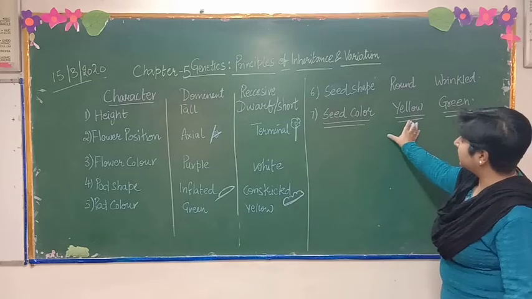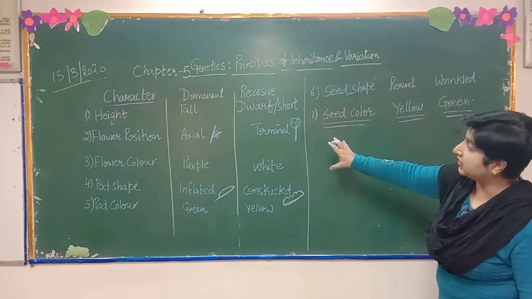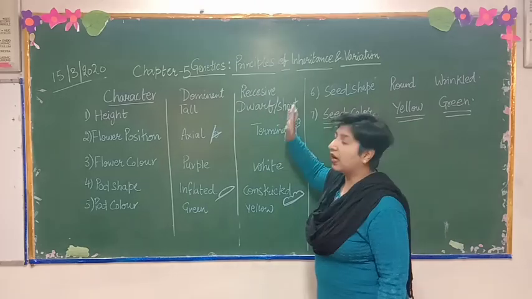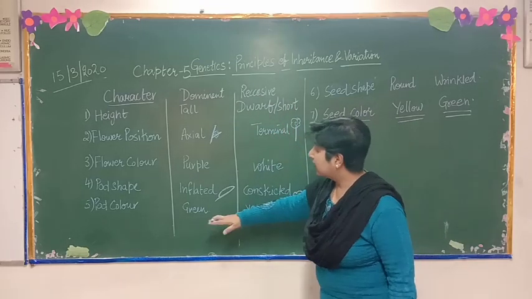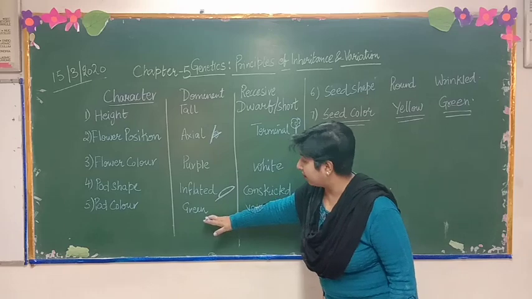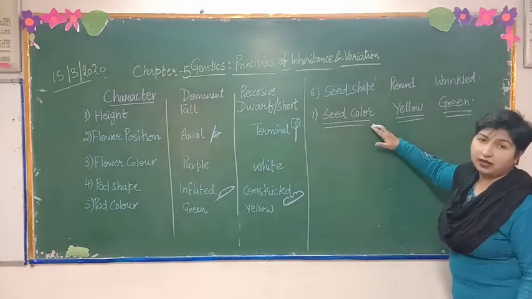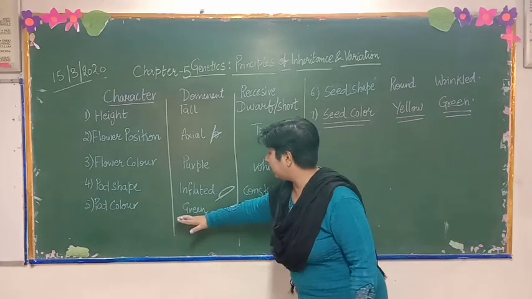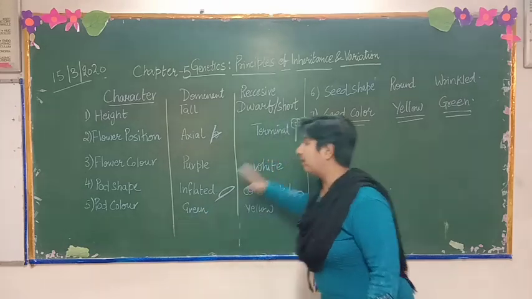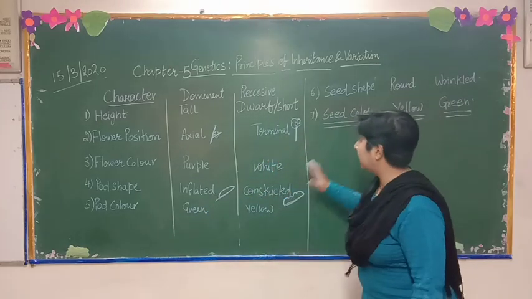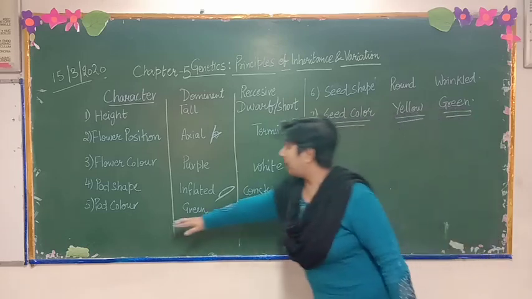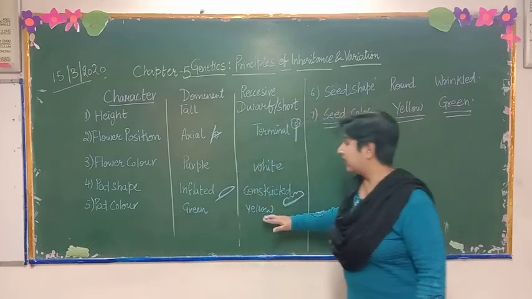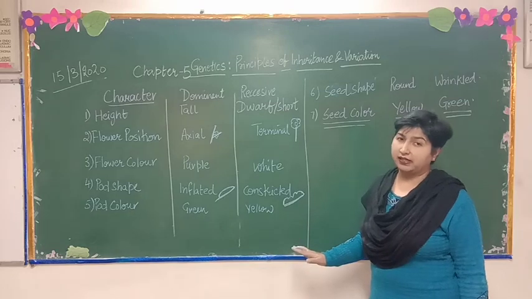For the various other characters, the contrasting traits are absolutely clear, but these 2, pod color and seed color, are a little confusing. If we can learn only one, we'll be able to relate that the other one is the opposite of this, so we'll learn better. So pod color is green and yellow. This we can keep in our mind.